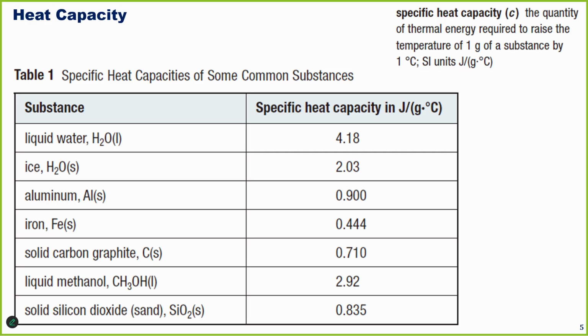Note that water's specific heat capacity is more than 5 times that of sand. This means that the amount of thermal energy required to raise the temperature of water by 1 degree Celsius is 5 times the amount of thermal energy required to raise the temperature of sand.